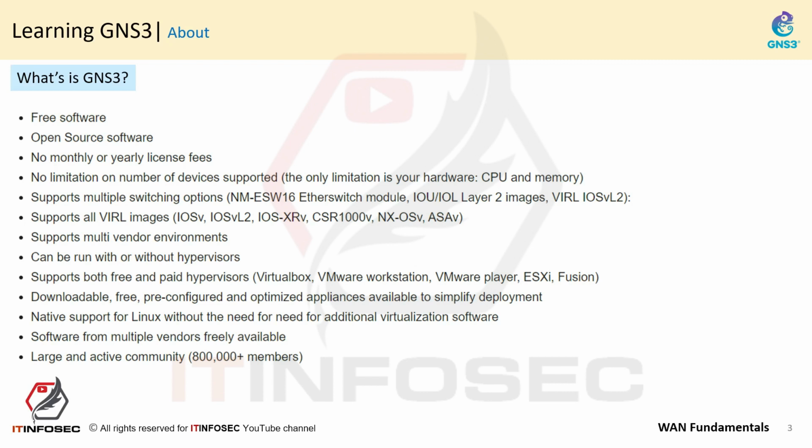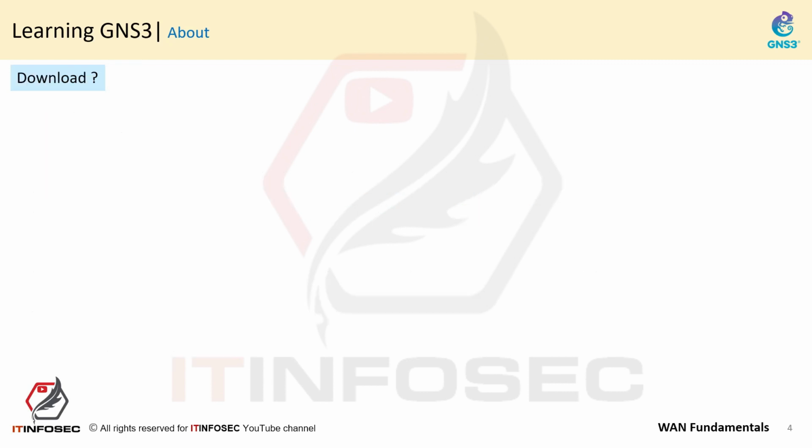It supports both free and paid hypervisors, for example VirtualBox, VMware, ESXi, and so on. It is downloadable, free, and pre-configured. It's very nice and powerful software for simulation. It has native support for Linux without the need for additional virtualization software, software from multiple vendors is freely available, and it has a large and active community, with more than 800,000 members.